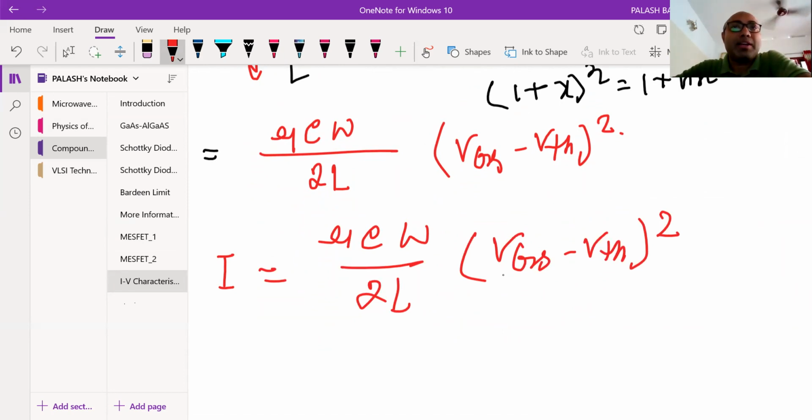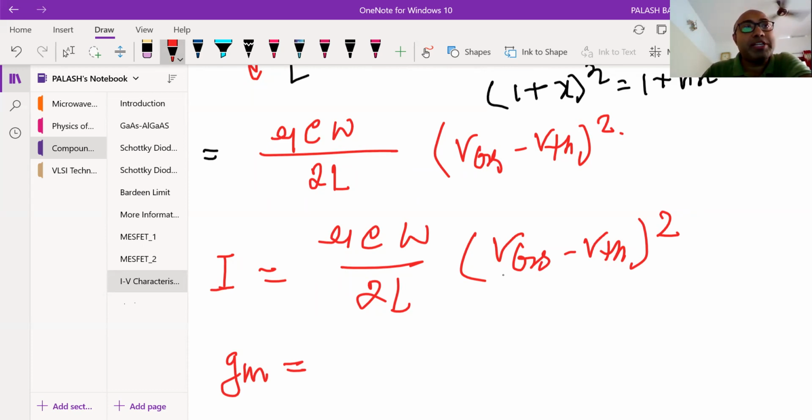But here is the difference. What is the difference? If you want to get a higher current or higher GM, that is actually our main intention, because higher GM means more frequency, right? You need to have a high mobility, that we have concluded.